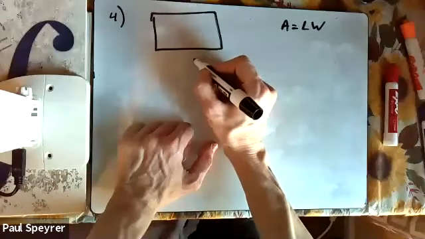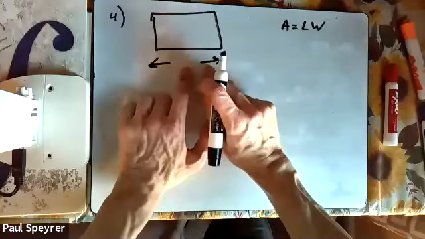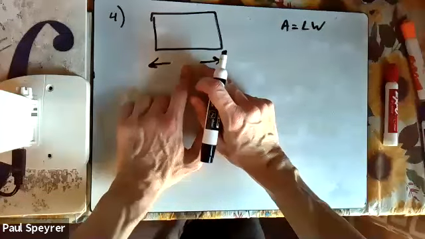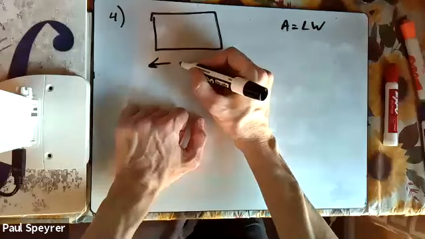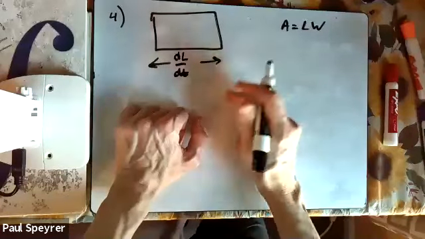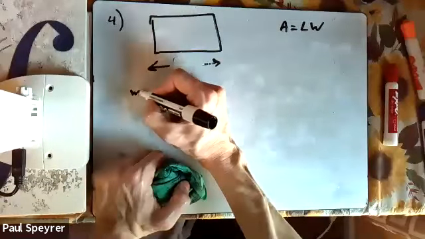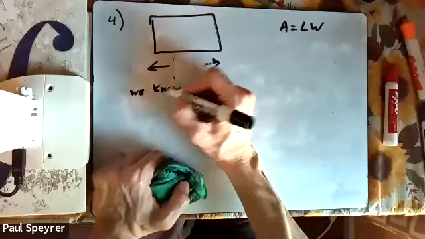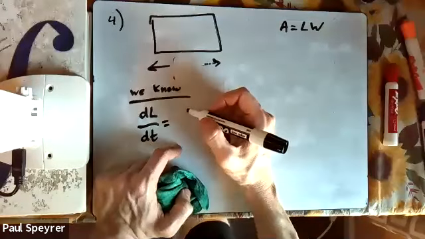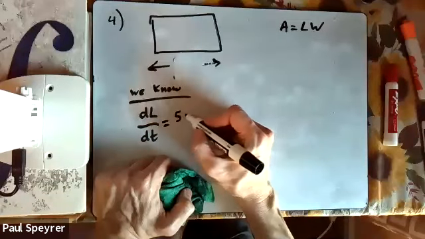So we can do this if we want. I'll just call this the length right here, the length of this thing. So it's saying the length of a rectangle is increasing at a rate of 5 centimeters per second. What does that tell us? That dl/dt, right? That's this component right here. So we know that the length is increasing at a rate of 5 centimeters per second.